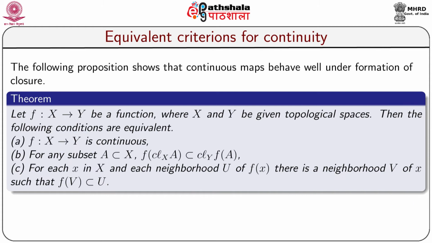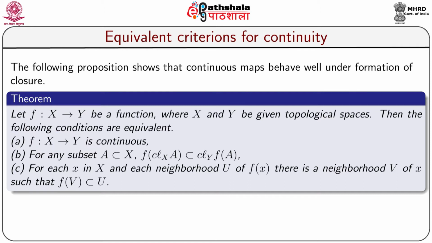Let us present some equivalent criteria for continuity. Theorem: let f from X to Y be a function where X and Y are given topological spaces. Then the following conditions are equivalent. A: f from X to Y is continuous.